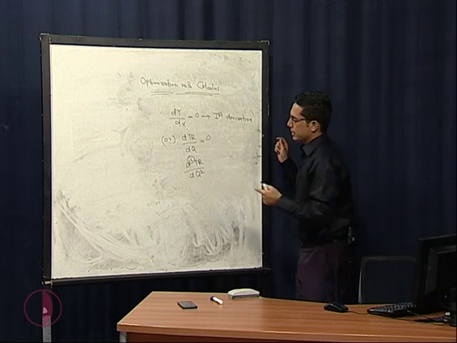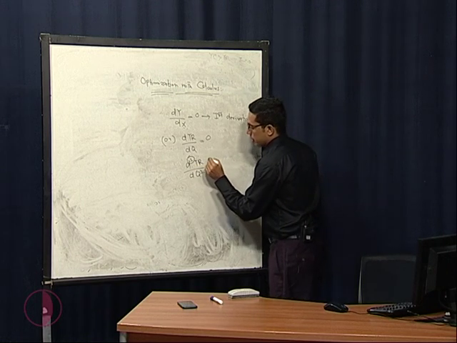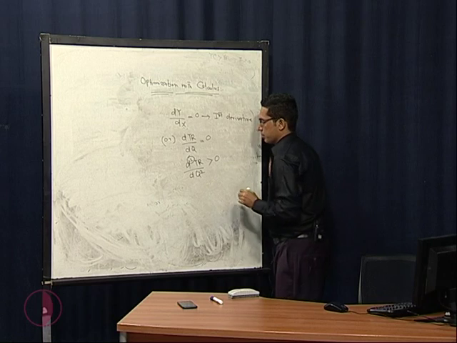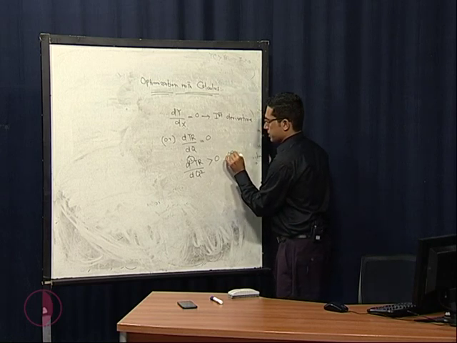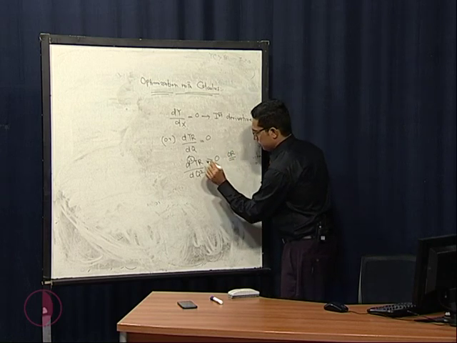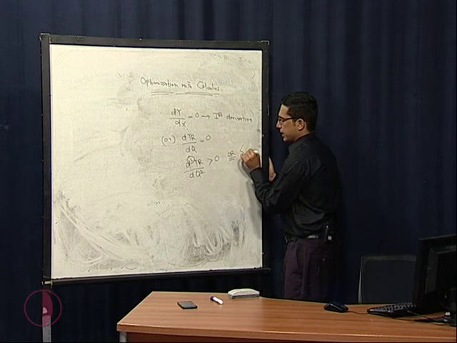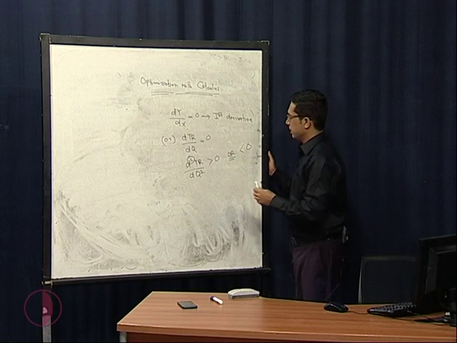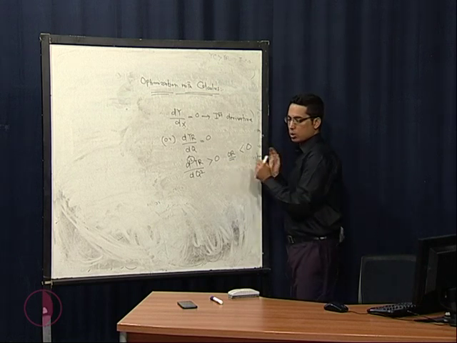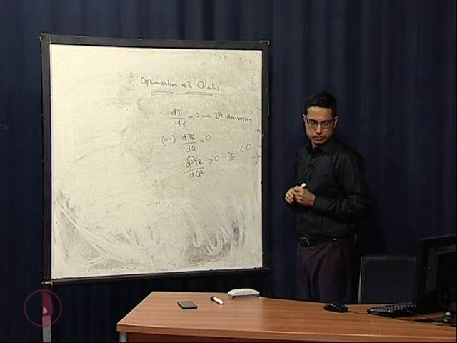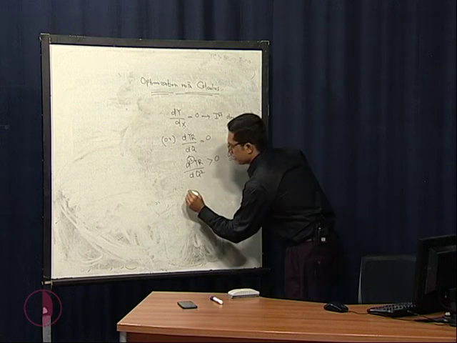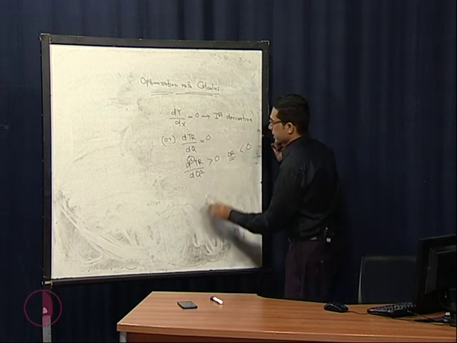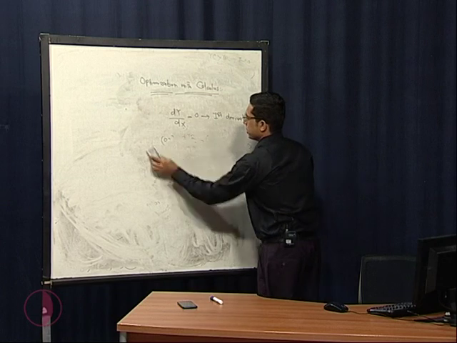So the second order derivative may be greater than 0. This is one possibility. Or this second order derivative may be negative, less than 0. The second order derivative may be positive or negative.